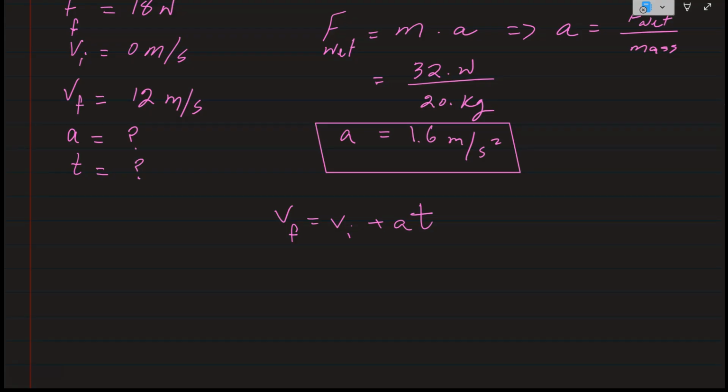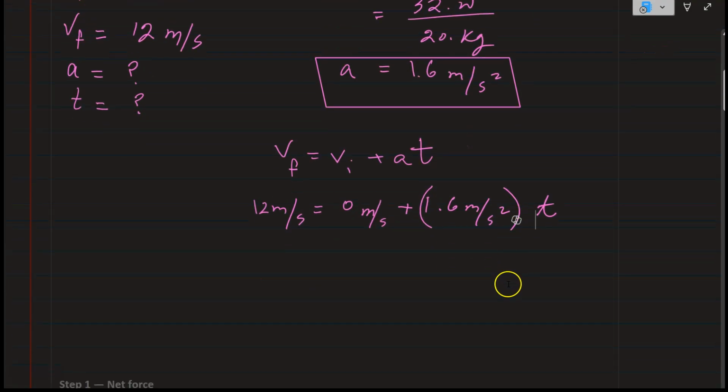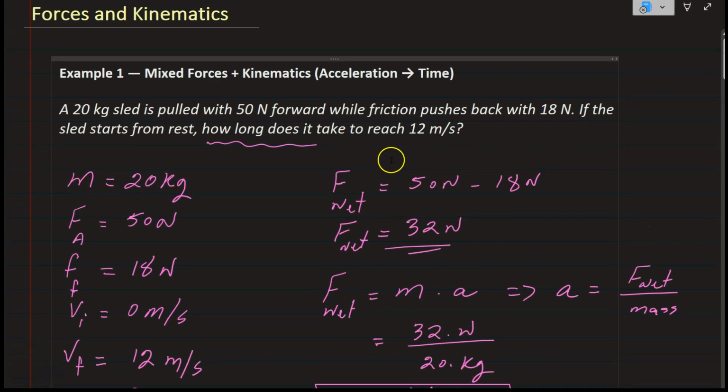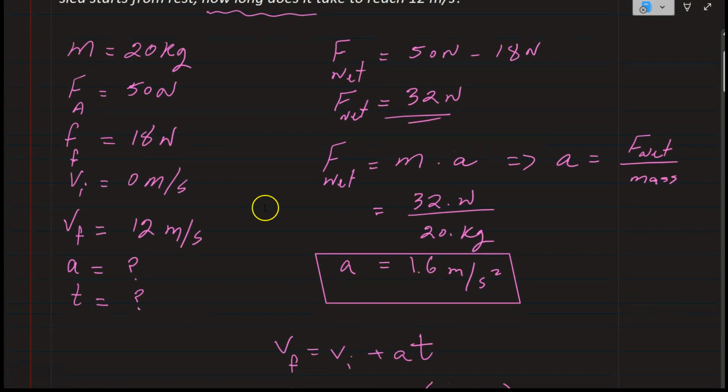Plug in the numbers: 12 meters per second is equal to 0 meters per second plus 1.6 meters per second squared times t. Solving for time, we will get 7.5 seconds. I removed the units here, 12 divided by 1.6, just to show you what's happening. So this is the answer to how long it takes. Excellent.